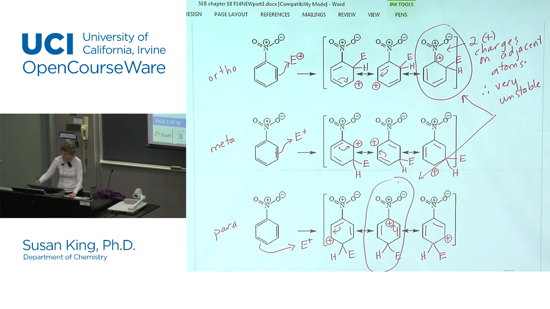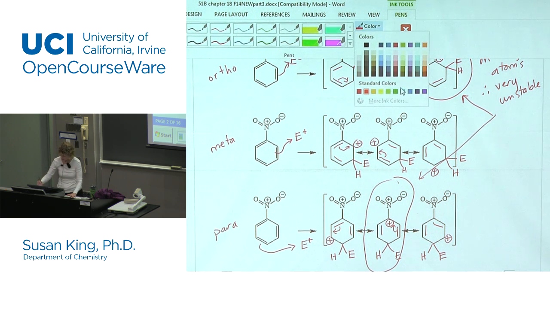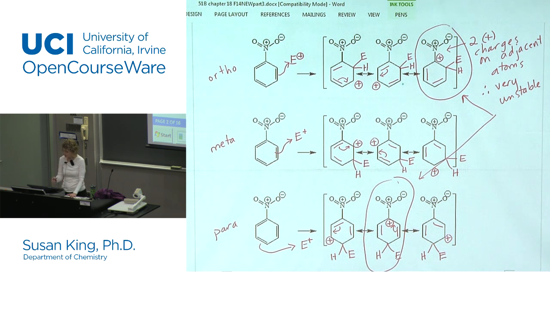Okay, so in this case, the meta attack is better. Because we have three decent structures, they're okay, but they're not great, but we don't have this especially bad one that we have in the ortho and para. So meta attack: no especially unstable resonance structures.